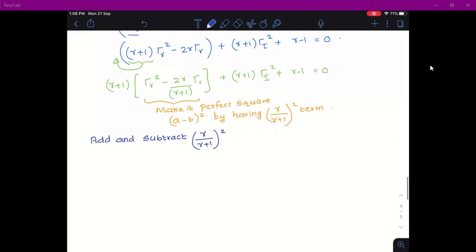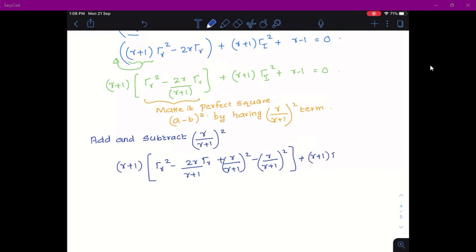We get (r + 1) multiplied by [τr² − (2r / (r + 1))τr + (r / (r + 1))² − (r / (r + 1))²] plus (r + 1)τI² plus (r − 1) equal to 0.